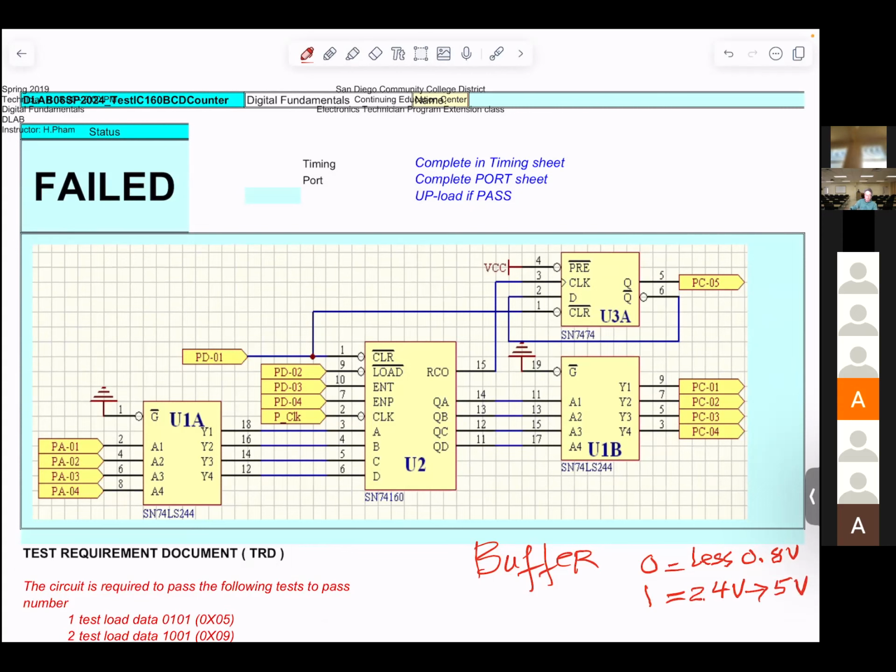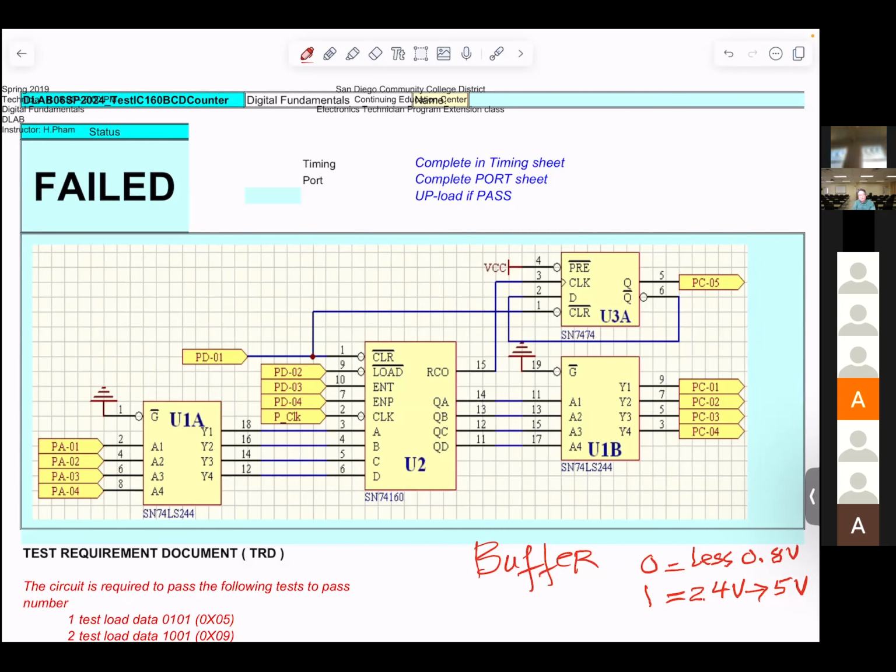That's a logic 1. When you measure on the circuitry, you get a voltage and you come up with a logic. The thing is, when you deal with digital, you deal with 1 and 0. Okay? You're not using the voltage. The voltage is just helping you know whether it is a logic 1 or logic 0.